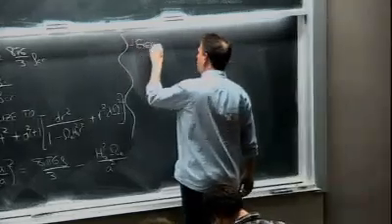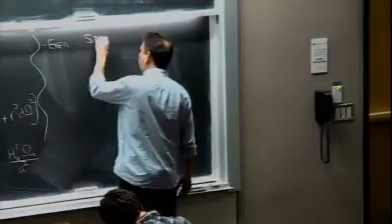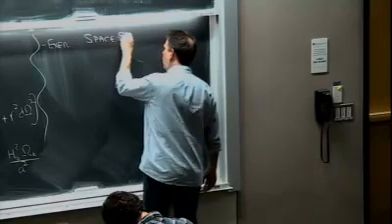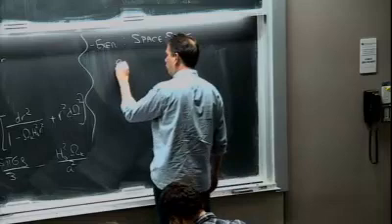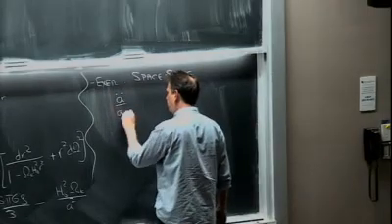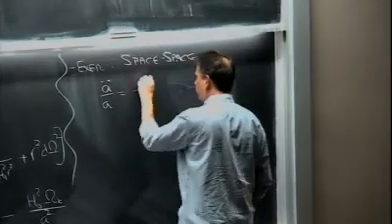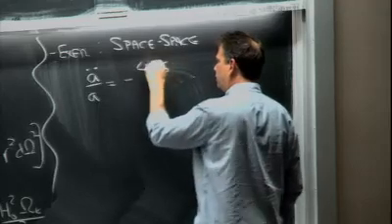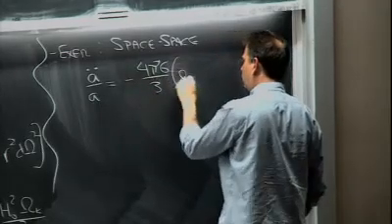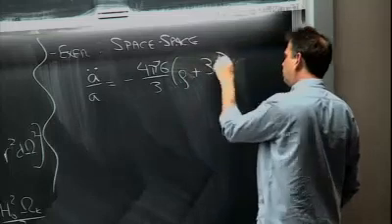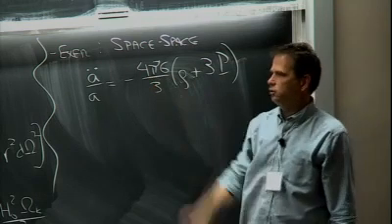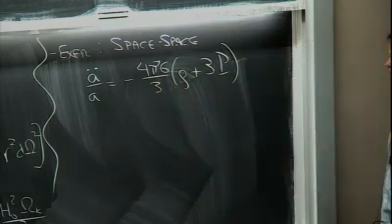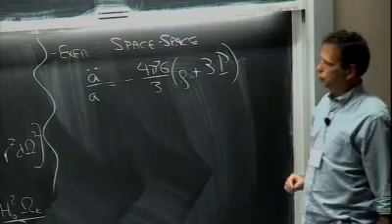If you do the space component of Einstein's equations, then you should be able to combine it with the Friedmann equation and show that a double dot over a is equal to minus 4 pi G over 3 times rho plus 3 times the pressure, where the pressure is the spatially diagonal element of the stress energy tensor T mu nu, which is assumed to be isotropic. So all 3 components are supposed to be the same.